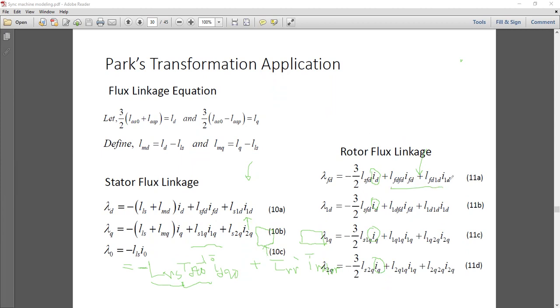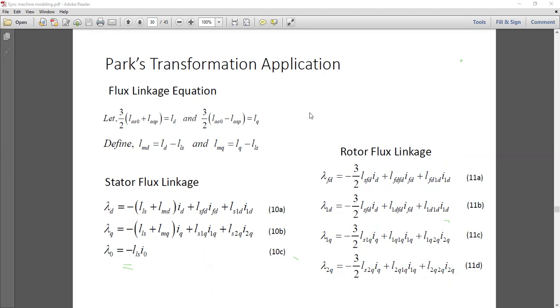These four, IFD, I1D, I1Q, I2Q, will remain the same. This part will be unchanged. However, this part requires some little calculations. So we have got the stator flux linkage along the DQ axis, and the rotor flux linkage equations now along the DQ axis.